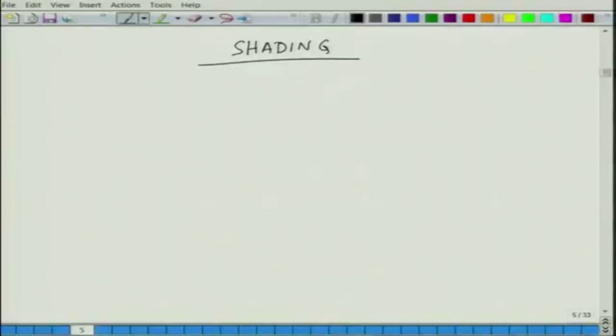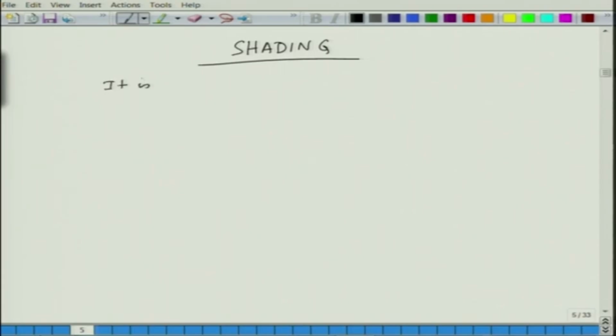Okay. Now, we are going to start the next topic, which is shading, and all these relationships that we have used or derived so far, these will be used very much in understanding this topic, shading. Okay. So, what does it mean?